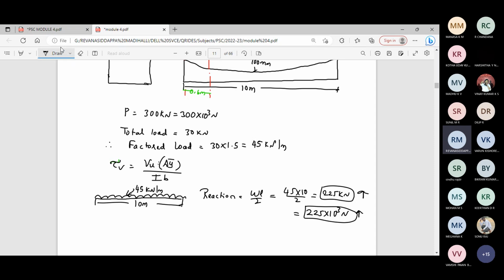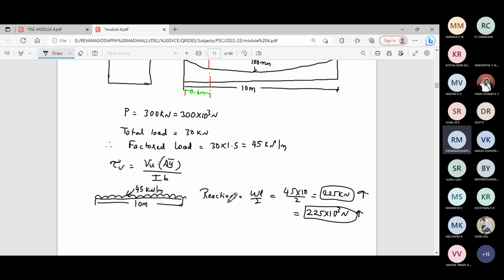Along with this, we should also find the vertical component of the pre-stressing force. Now we have to also take into consideration the effect of the pre-stressing force.